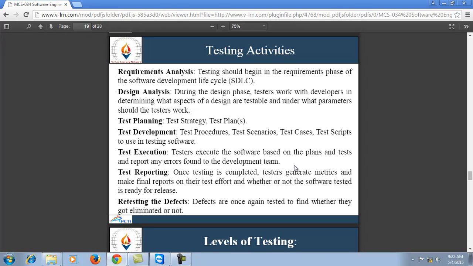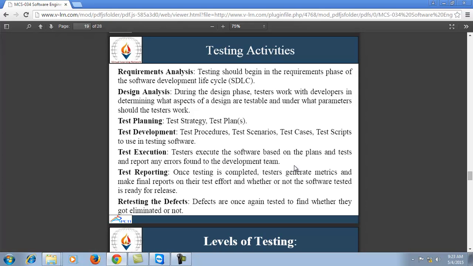After the test procedures, test scripts, test cases and test scenarios are prepared, the next phase focuses on the execution of these test procedures based on the plan, and finally the test execution reports any errors found to the development team. If the development team finds any errors during execution of a particular software or system, those errors are acknowledged or highlighted in the test execution plan.